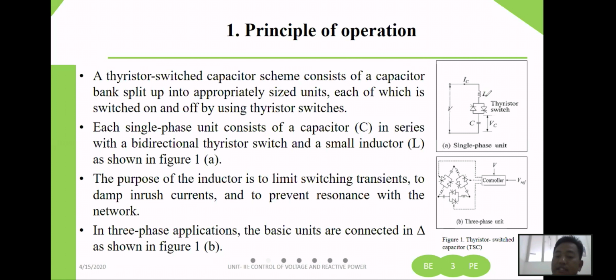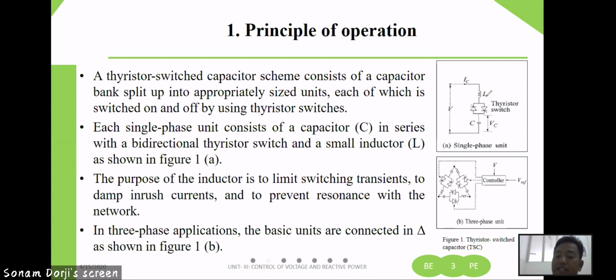This is how we choose the switching times T1 and T2, which means we are firing the thyristor at a certain firing angle. This firing angle alpha can be converted to time, using the relation you learned in power electronics.